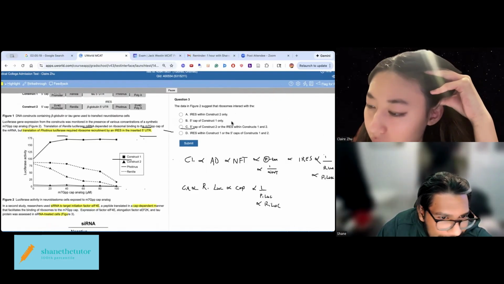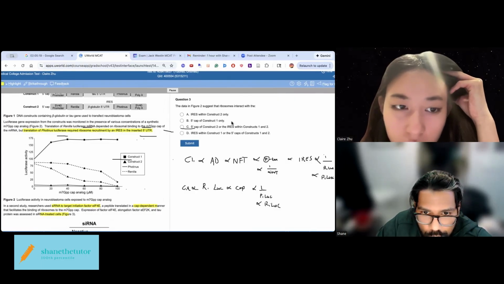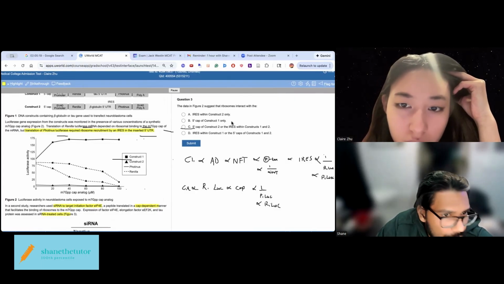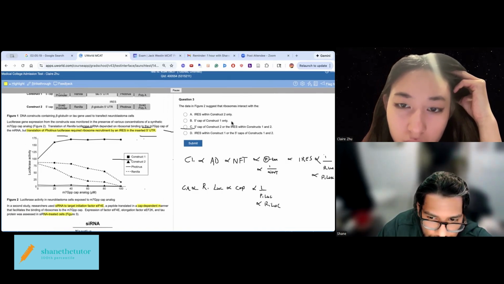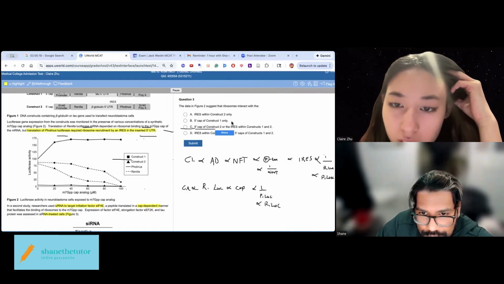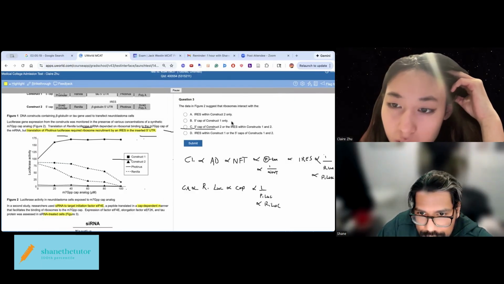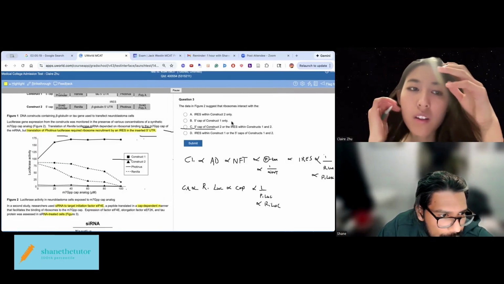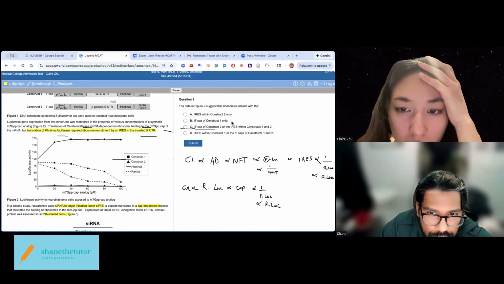Okay, so for this question here, ribosomes interact with, so they should react with the Renilla one, cap. Renilla one was construct two. Yeah. 5' cap of construct two or the IRES of construct within constructs 1 and 2. Let's see.